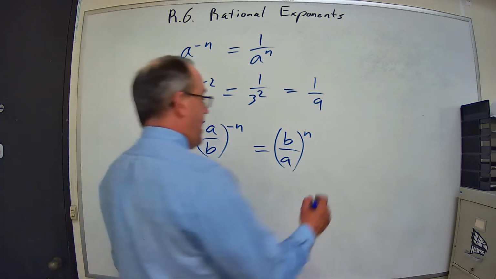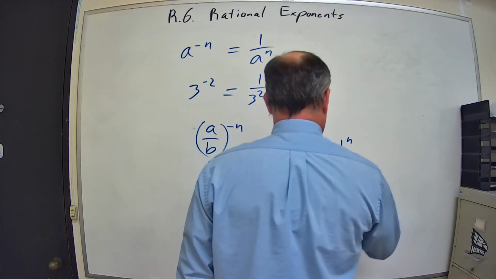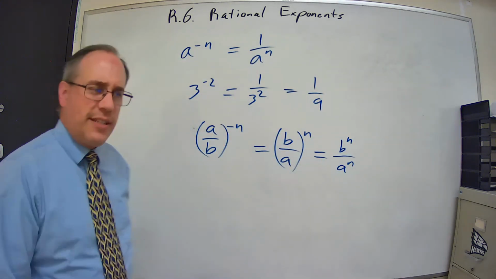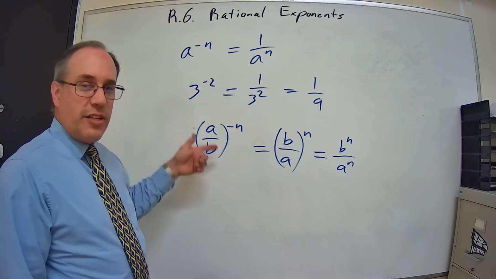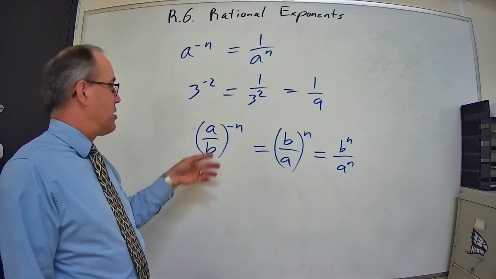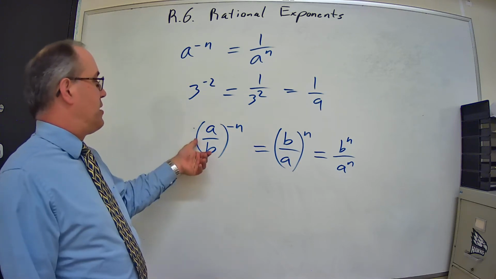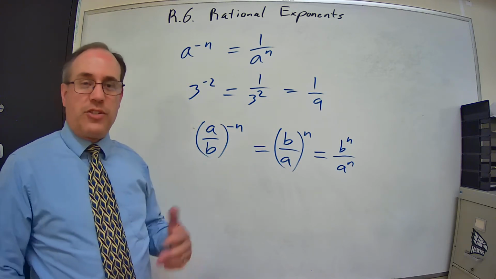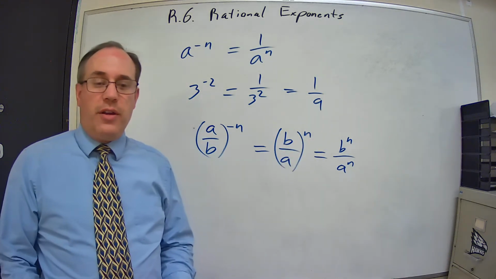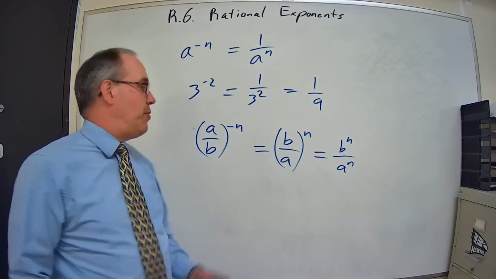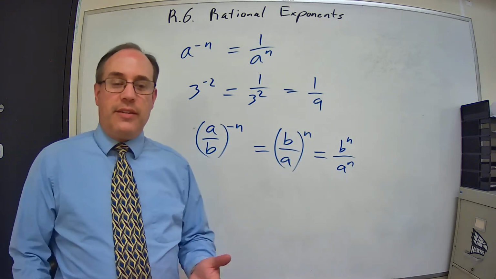And remember, that's the same as saying b to the n over a to the n, just to be complete in our relationships here. If you have a fraction or a rational expression raised to a negative power, you can just take the reciprocal of that fraction and raise it to a positive power. A very simple way of doing it. You don't have to break it down a piece at a time.